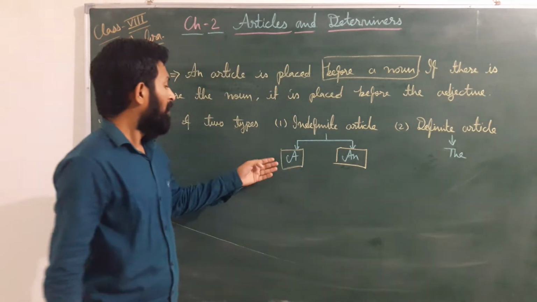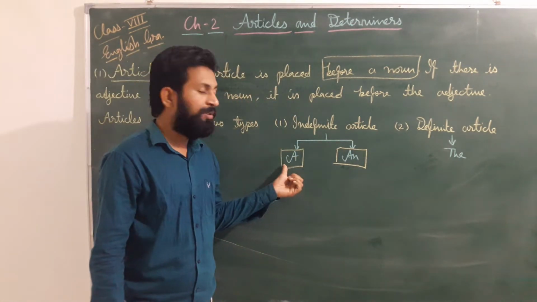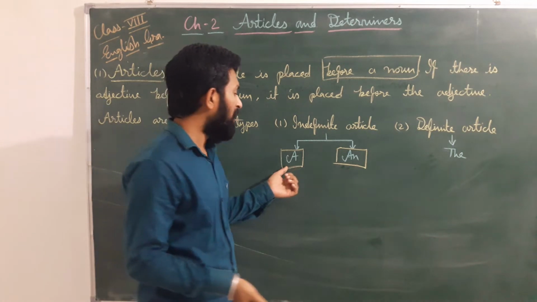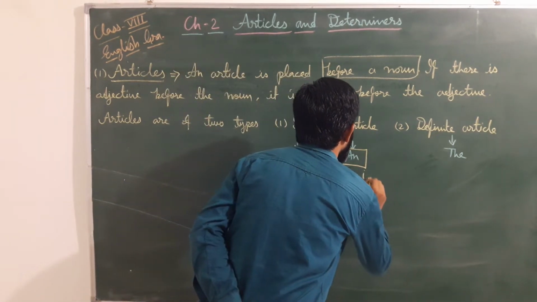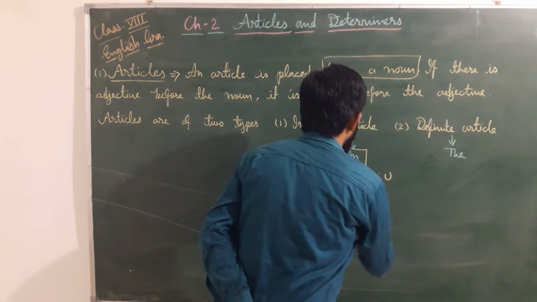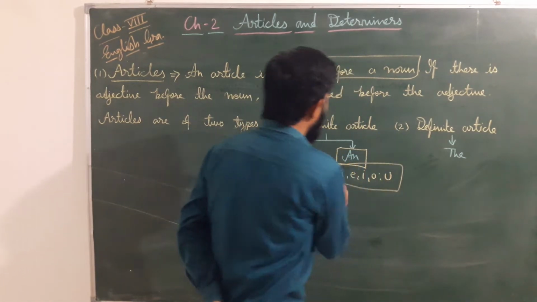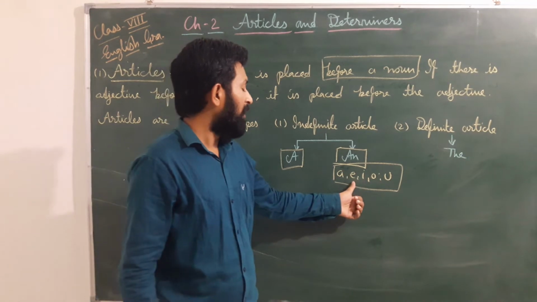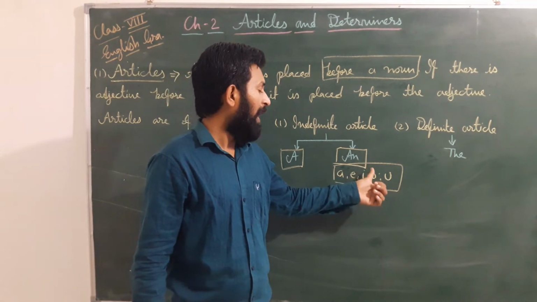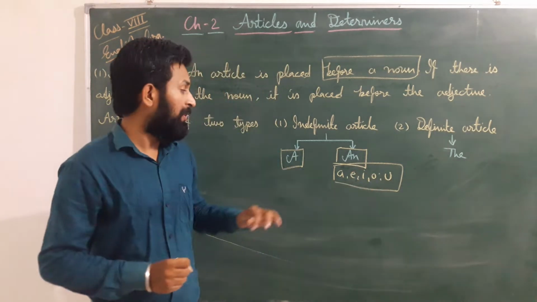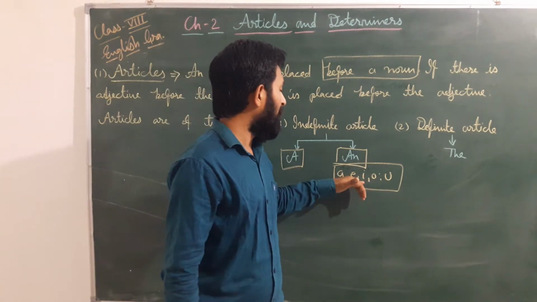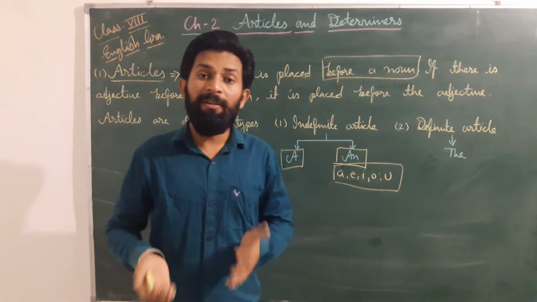If I ask you where we have to use a, then simply you know that before the vowel you have to use an. These five letters are known as the vowels, and before a vowel we have to place an. But dear students, if you are placing articles according to spelling, then it may be wrong.